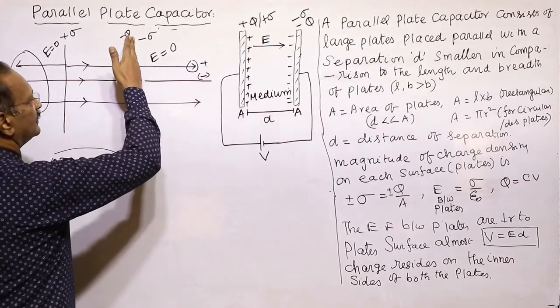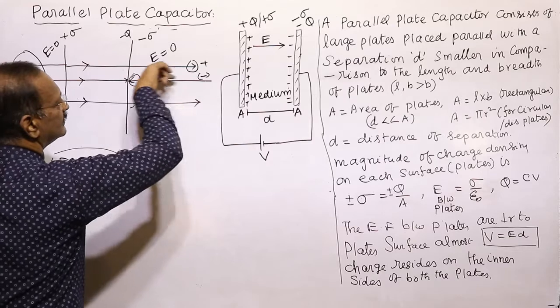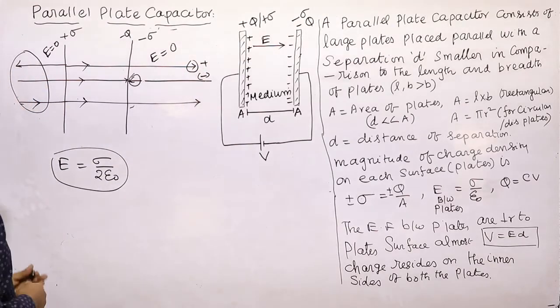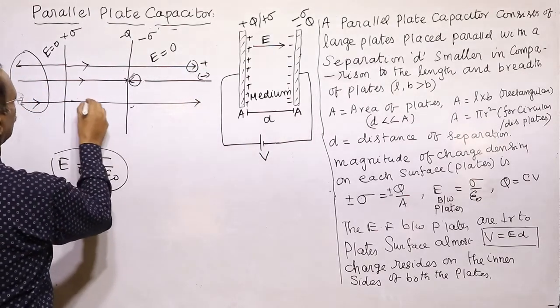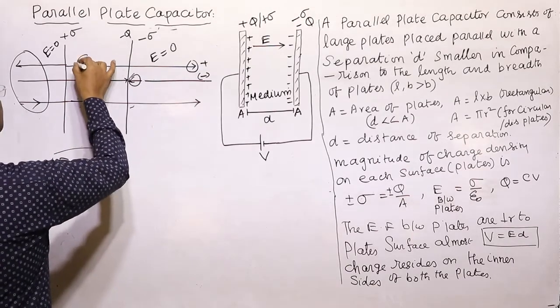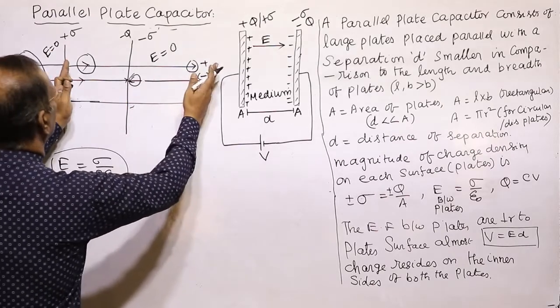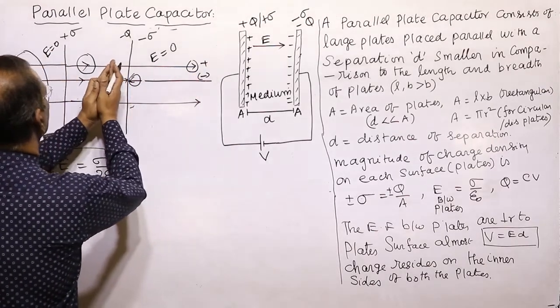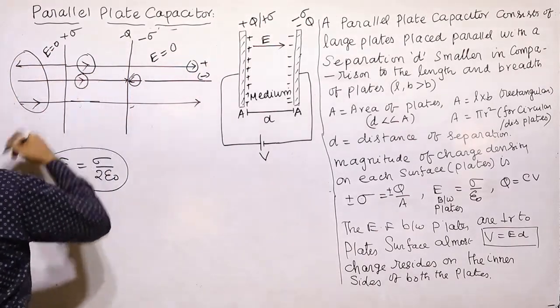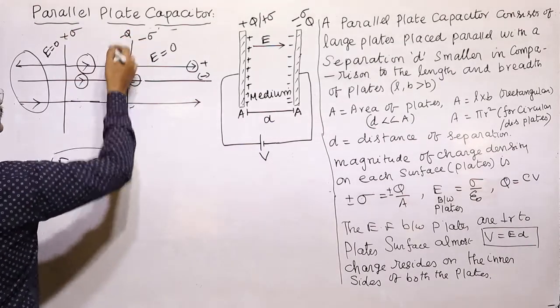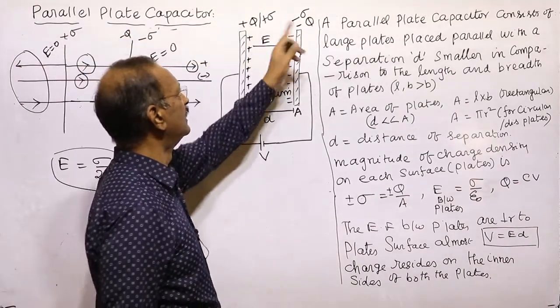Because of the negative charge it will come inside, and because of the positive charge it will go this side. What about between the plates? Here it is due to the positive moving out, and due to the negative charge moving in. So both are in the same direction. So this is the positive plate and this is the negative plate.